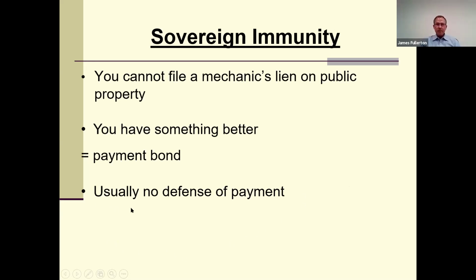Most public payment bonds have no defense of payment. The principal, who's usually the general contractor on the project, can be required to pay twice for the same labor and materials.